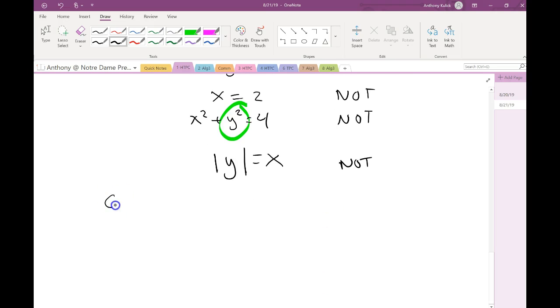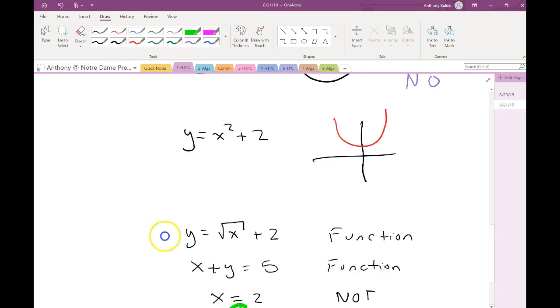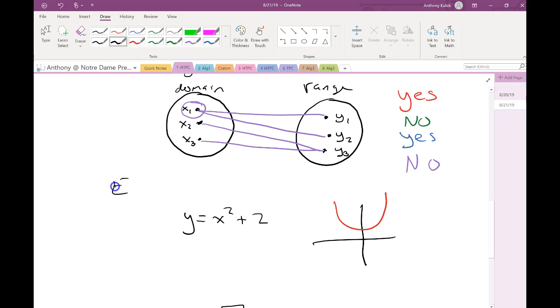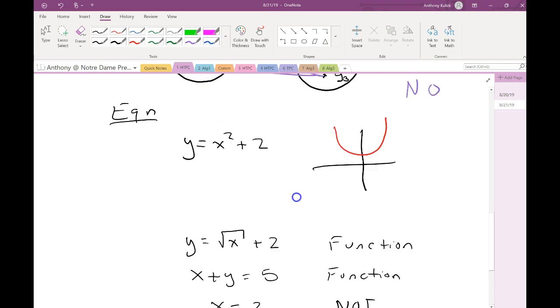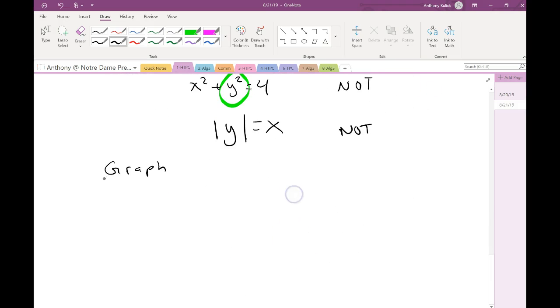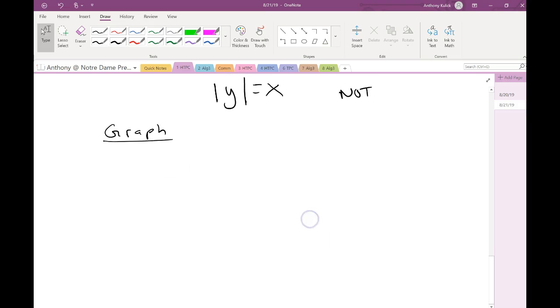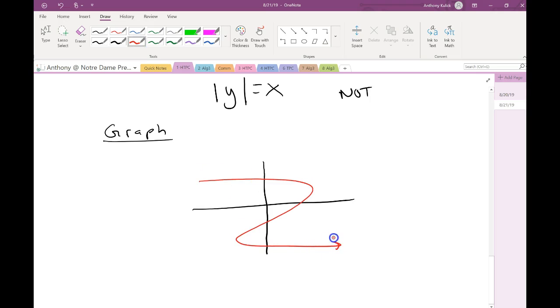Okay. If we talk about a graph, I should include equation here as we changed gears. So let's say I have the graph represented here.